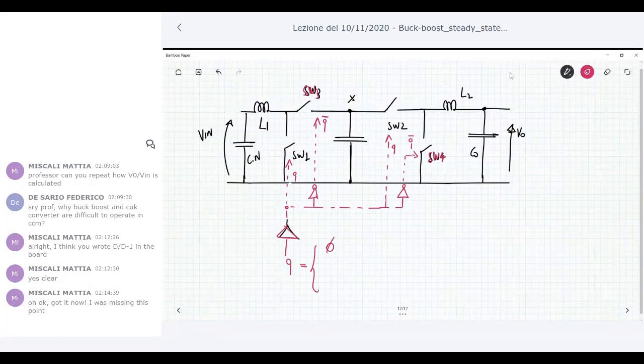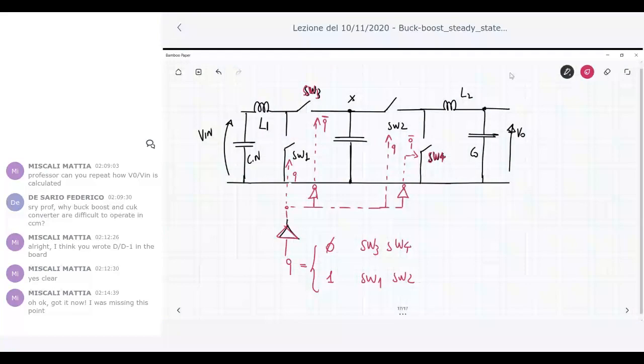When Q is equal to 0, switch 3 and switch 4 are on. When Q is 1, switch 1 and switch 2 are on.